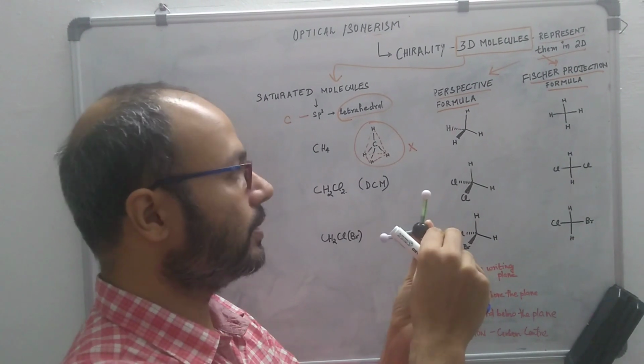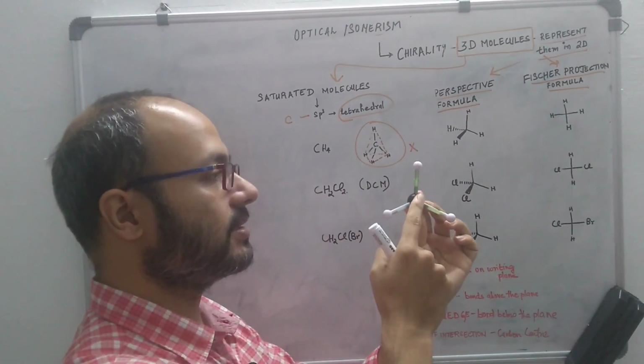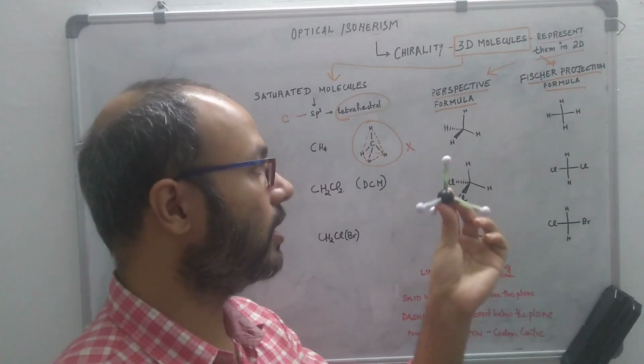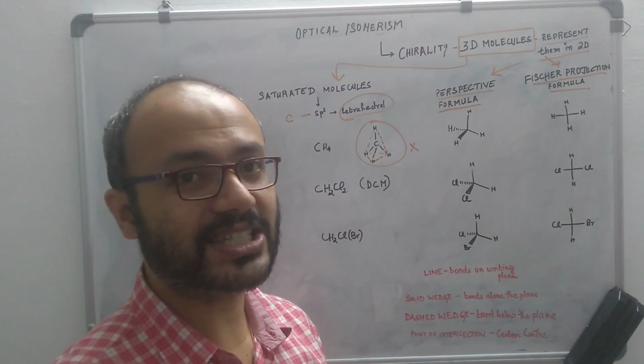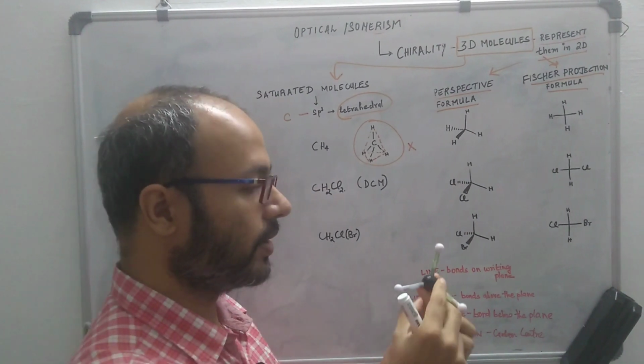Now I am going to represent this methane molecule using a perspective formula, using the lines, solid wedge, and the dash bonds.